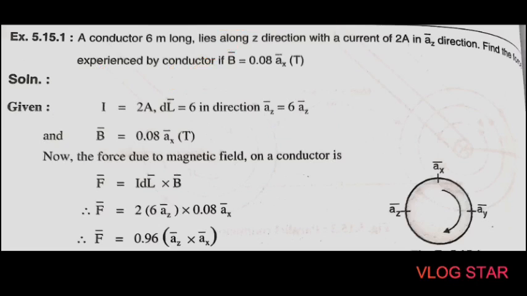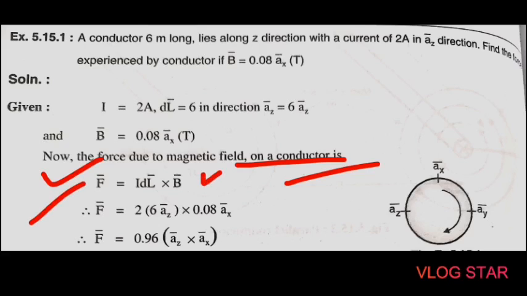Then the value of B, that is the magnetic flux density, is 0.08 AX bar along X direction, so we can write 0.08 AX bar Tesla. Then after that we have to apply the formula, that is the force due to the magnetic field on a conductor is given by F bar is equal to I dl bar cross B bar.